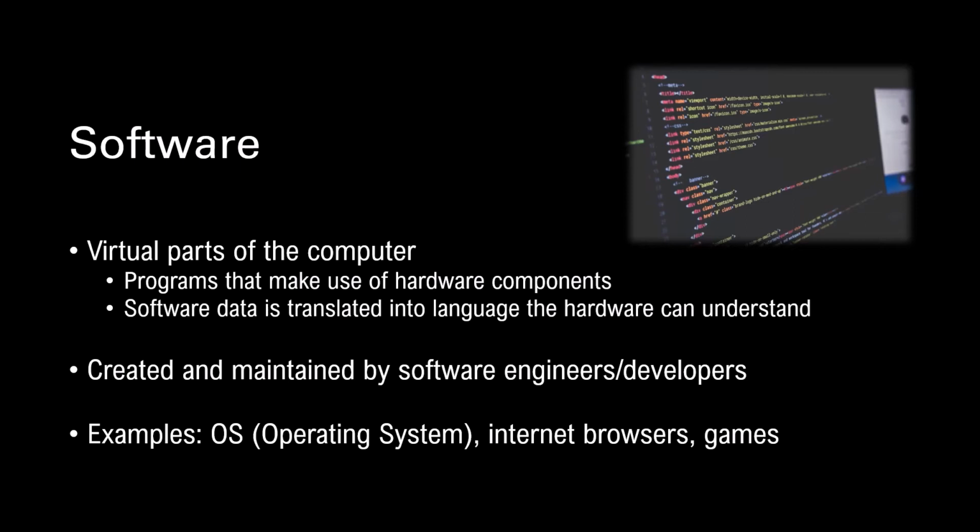But any software, any program is created and maintained by such software engineers and developers. And some examples of software include the OS, the operating system, so things like Windows or Mac OS and Linux and so forth. You also have internet browsers, games, any application essentially that runs on a computer is part of the software. So this is the second half.